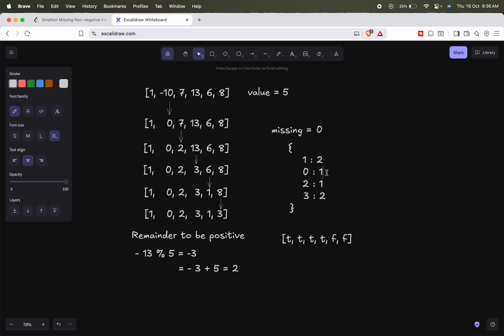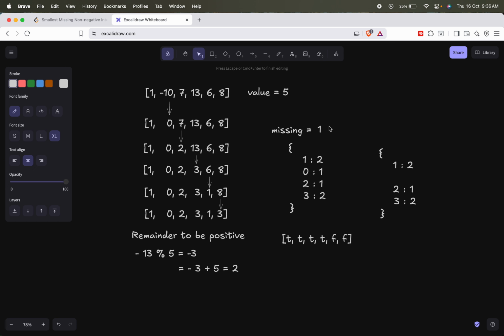I will decrement my counter of 0. Since it was only 1, the counter will become 0. Whenever a counter of a particular number becomes 0, I will remove it from my frequency. Now the next missing number is 1.